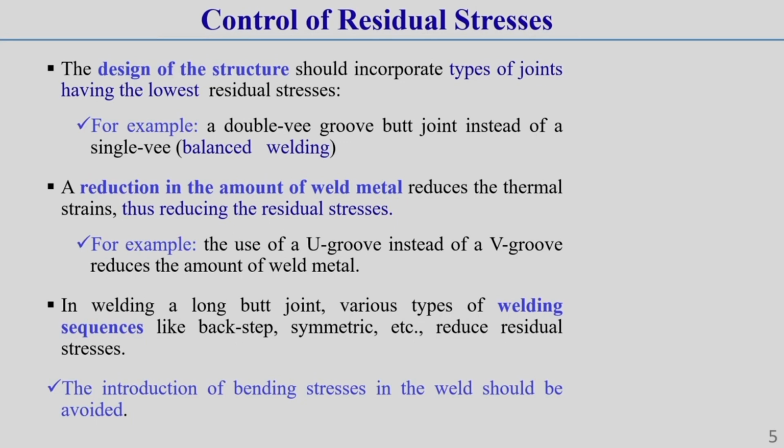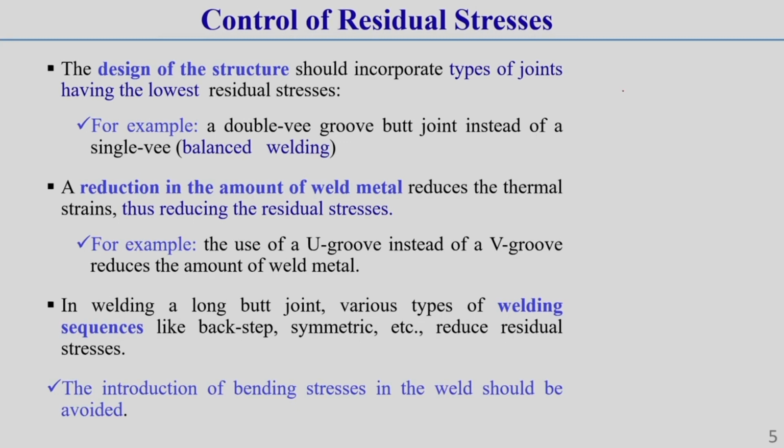So first of all, to control the residual stress, the first and foremost thing is to design the joint geometry. Here always you should keep it in mind, we should design the joint geometry in such a way that some balancing type of stress distribution develops, so that one stress will nullify the other stress component.